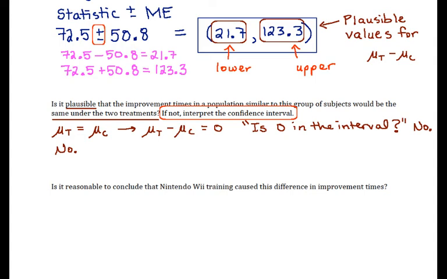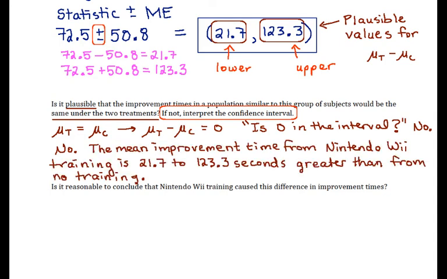So I'm going to try to write that down in a way that is a little simpler and makes sense: at least in a hypothetical population that is similar to our subjects, the mean improvement time from Nintendo Wii training is believed to be 21.7 to 123.3 seconds greater than from no training at all.